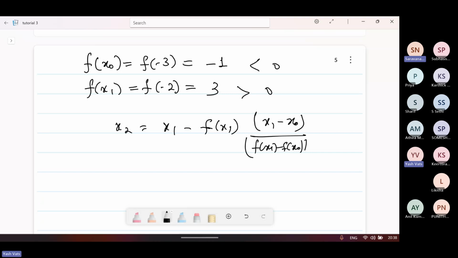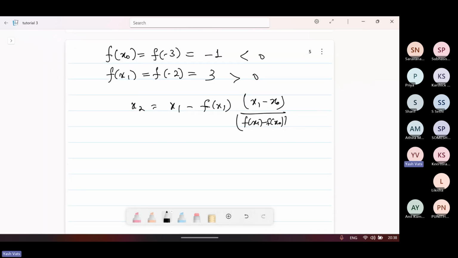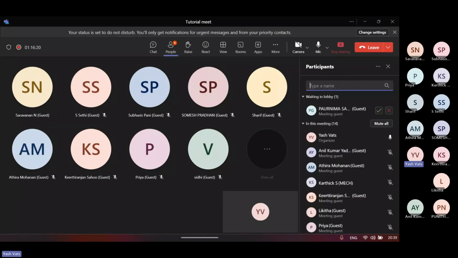So tell me what is the value of x2 now? Just solve it. This is given by the secant method basically. Wait a second.